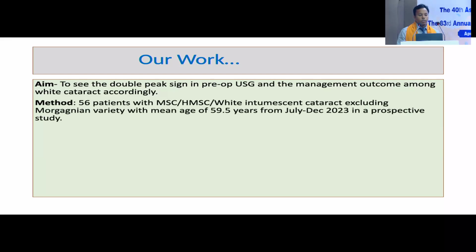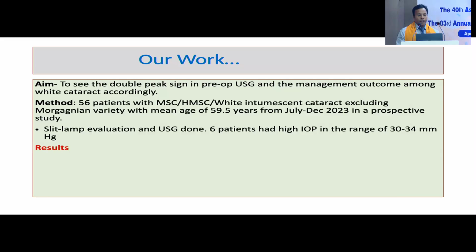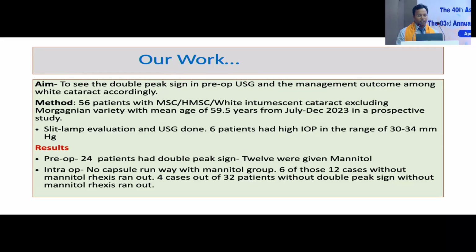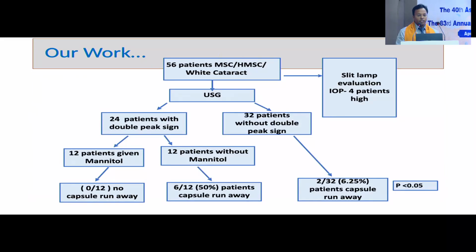We found 56% in a prospective study from July to December 2023, with ultrasonography done in all cases. 6% had high IOP in the range of 30-34, managed with mannitol and anti-glaucoma drugs. In this flowchart, on ultrasonography, 24 had the double peak sign and 32 had not.